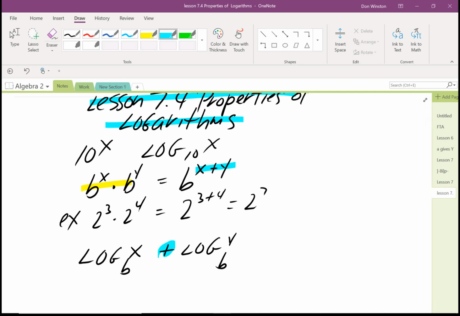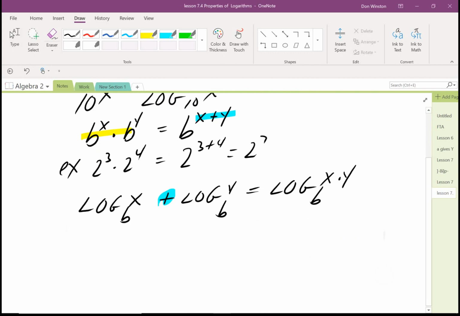Okay, well here's a hint. When we multiply powers, we added the exponents. So when we add logs, we'll probably have something that involves multiplication, and we do. So we say that log base b of x plus log base b of y equals log base b of x times y.